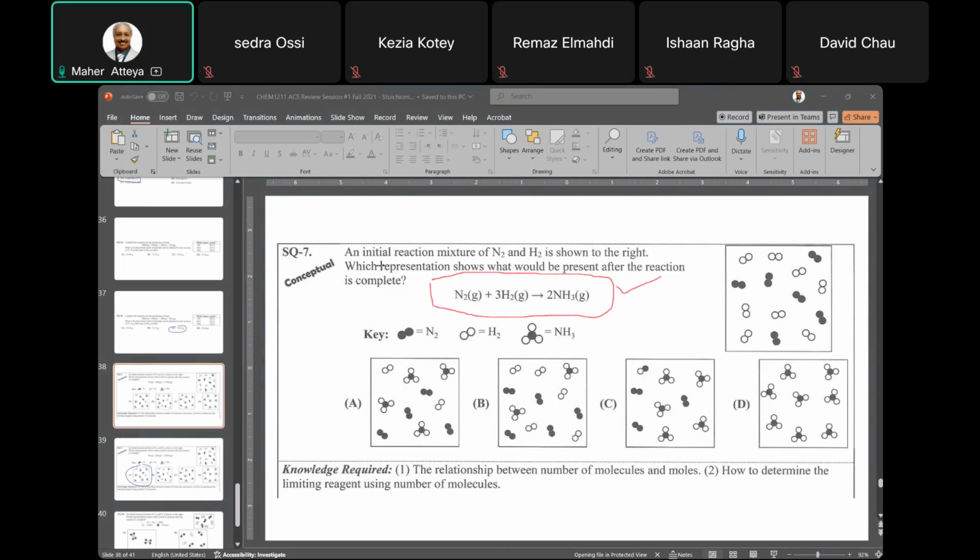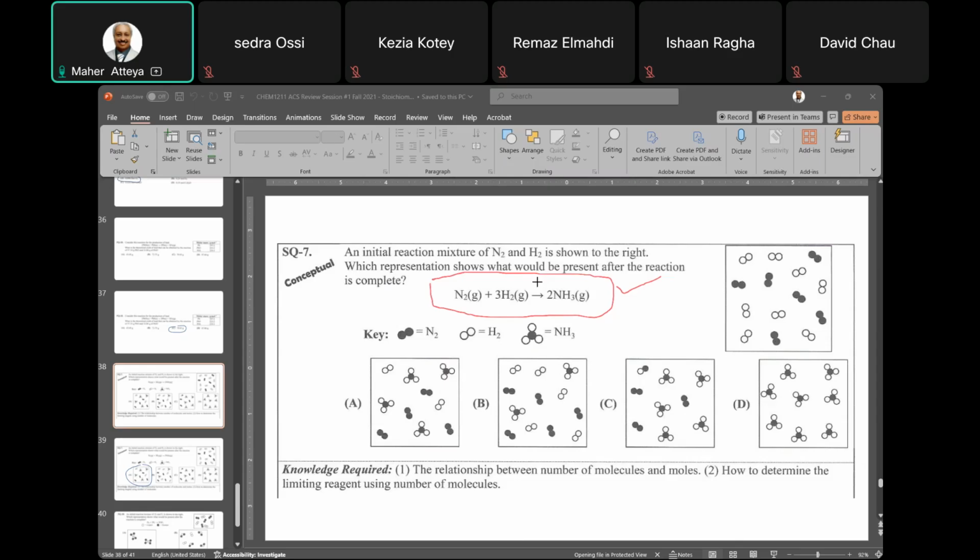Now you look: the initial reaction mixture of nitrogen and hydrogen is shown to the right. Which presentation shows what would be present after the reaction is complete? Now always remember, in this stoichiometric reaction, you have a limiting reactant which will be consumed, disappearing, and one other reactant will stay in excess.